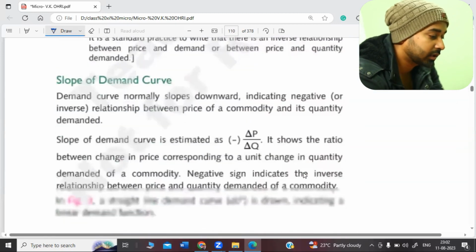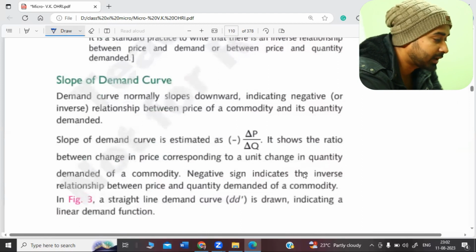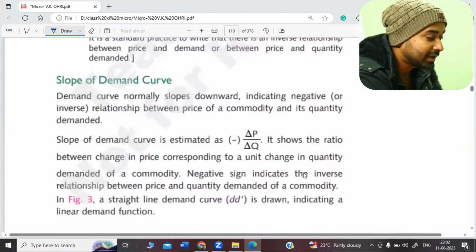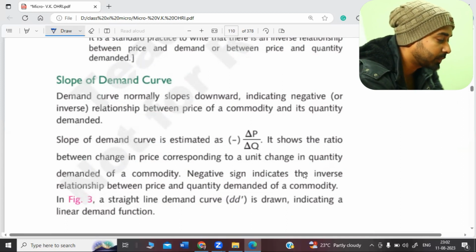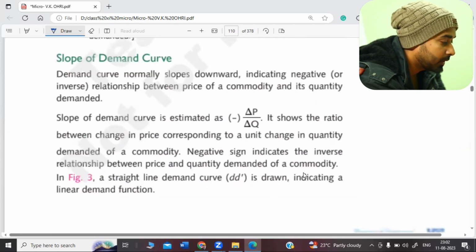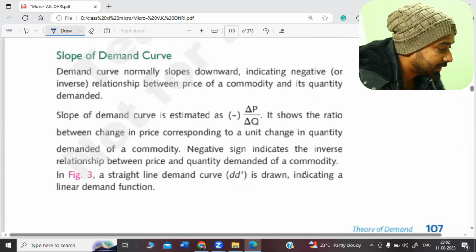Now the slope of the demand curve. We have already seen that the slope of the demand curve shows the negative relation; it is a straight line sloping downwards. That means it is nothing but a negative relation, indicated by the minus sign, and delta P is the change in price. Due to the change in price, there is a change in quantity also.